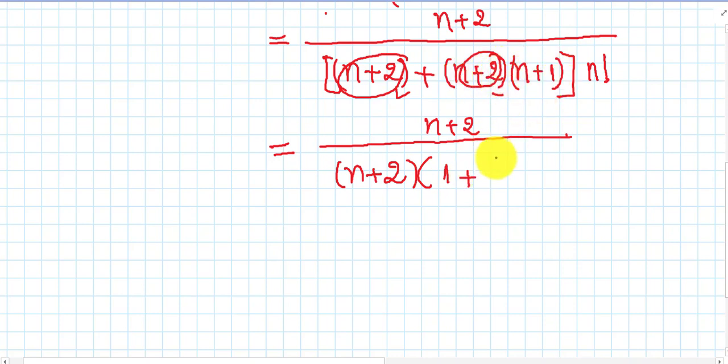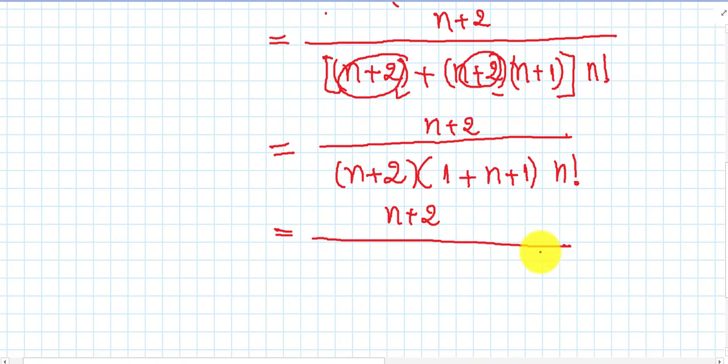We get n plus 2 times 1 plus n plus 1, so we write n plus 1, all times n factorial. And then we get n plus 2 over n plus 2 times n plus 2 times n factorial.